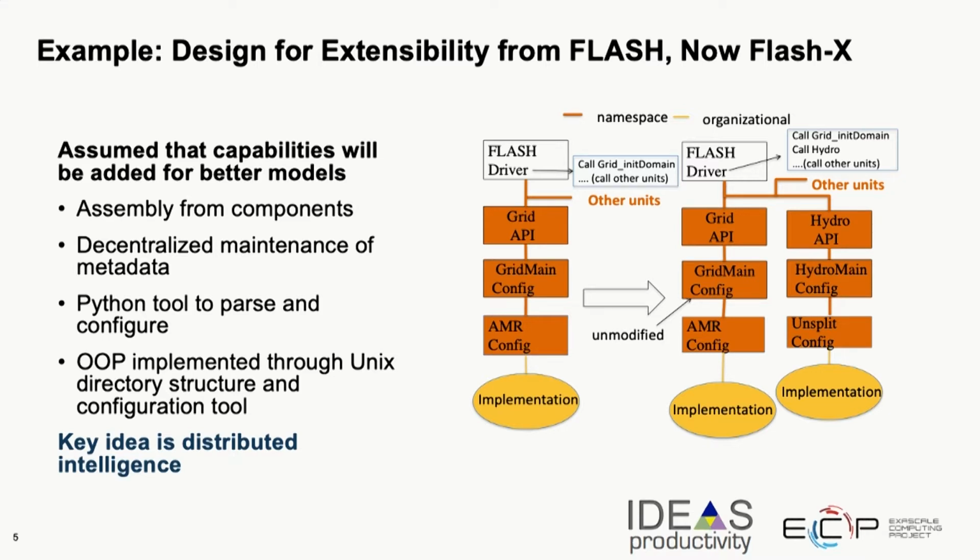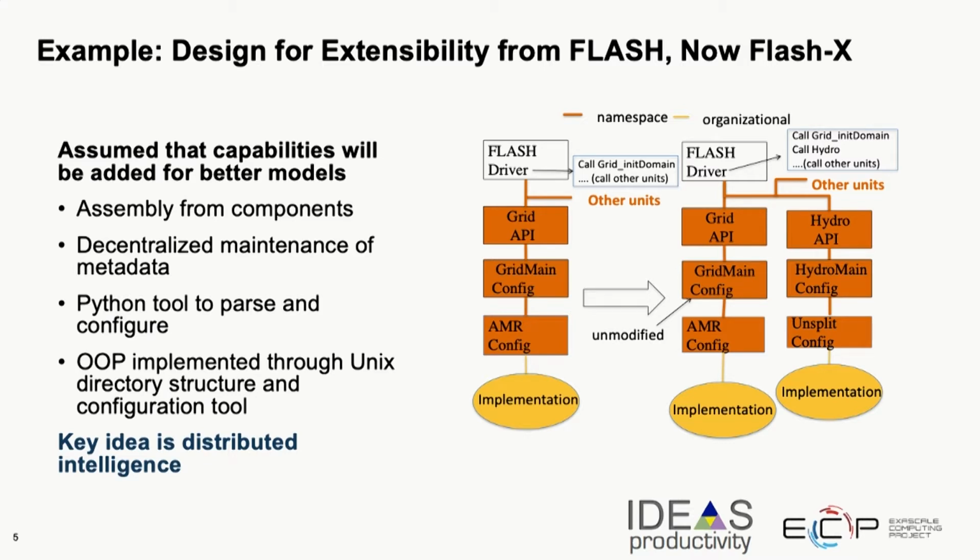It's not centralized; it's encoded along with the component itself. Then there is a tool that parses this information and puts together an application instance which is consistent and can be compiled and built.